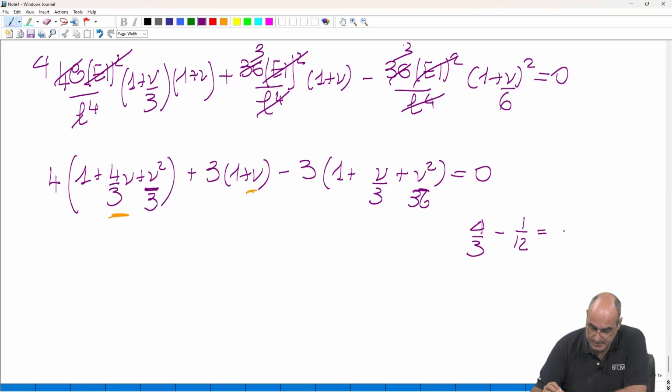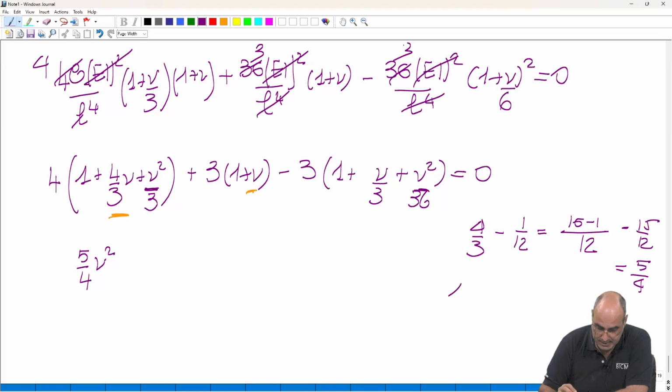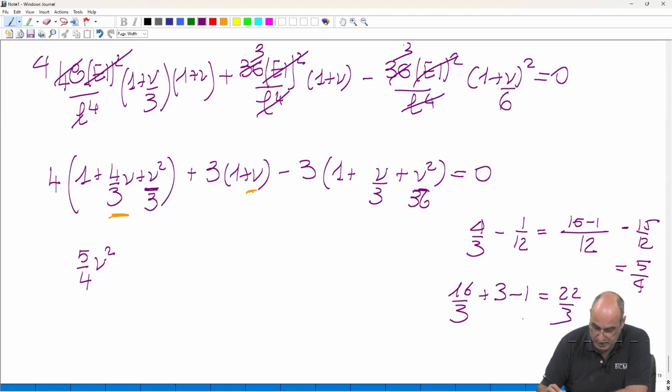which means 12, 16 minus 1, 15 over 12, which is 5 over 4. Okay, now it should be. Then we have the others are correct because it's 16 over 3 plus 3 minus 1, which is 22 over 3.